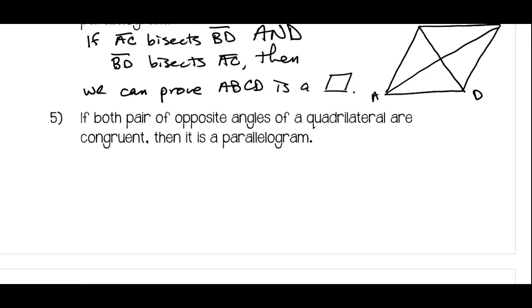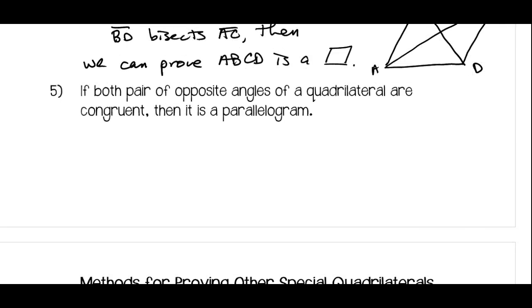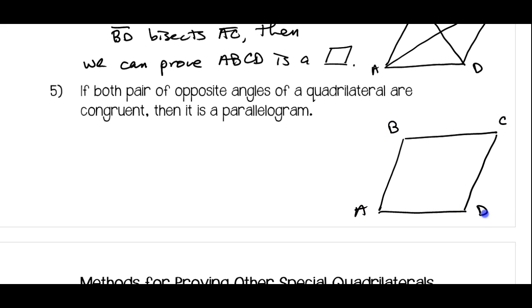Alright, and number 5, again, we'll use this once in a while, but not as often as the first 3 methods. So we've got our generic parallelogram, A, B, C, and D. This says if both pair of opposite angles of a quadrilateral are congruent, again, both pair, then it is a parallelogram.